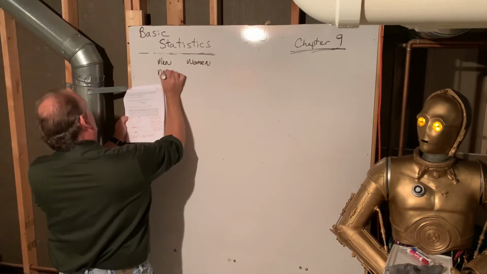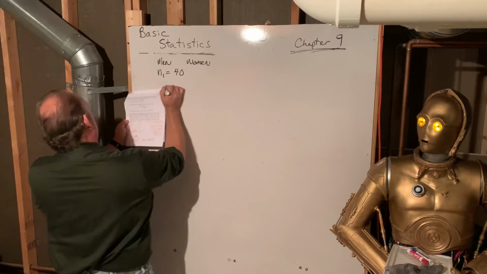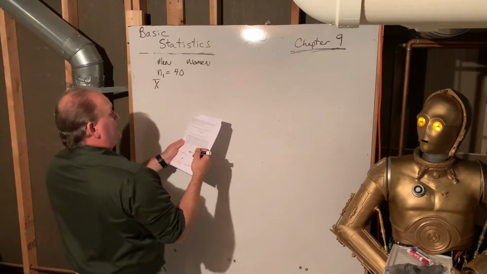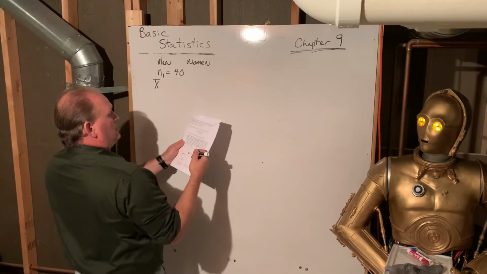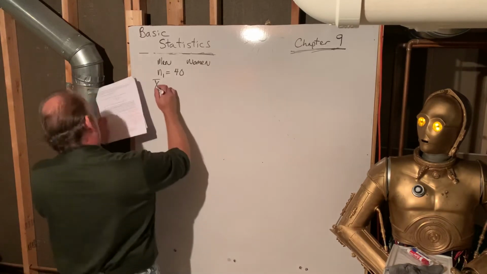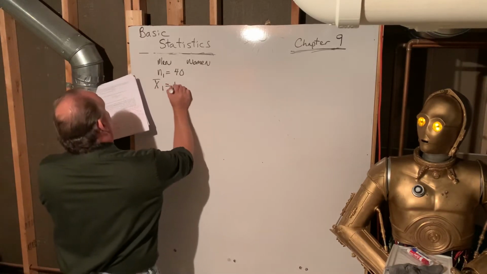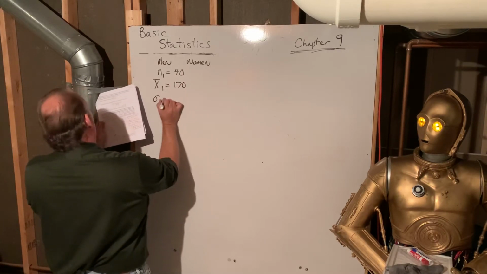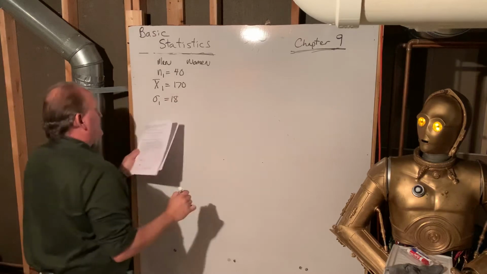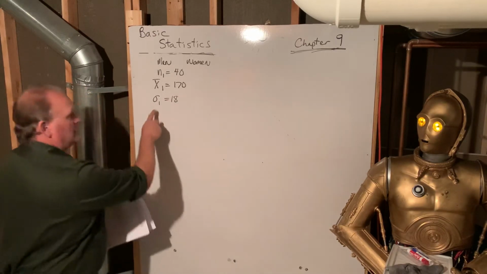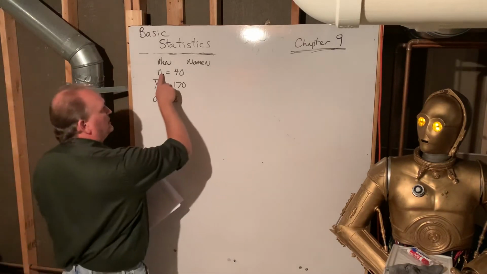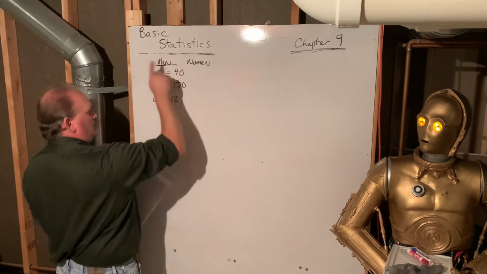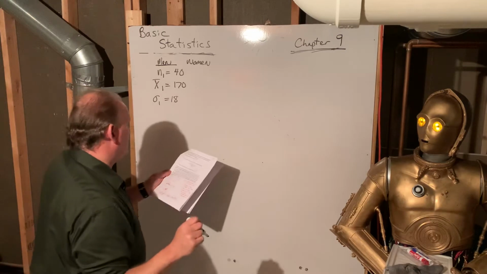And the sample of men is 40. The average days until they were promoted was 170, and the standard deviation of the population was 18. So they gave you the population standard deviation. So that was sigma. All right, we put little sub 1s on all of those. So that means the population 1 was the men.